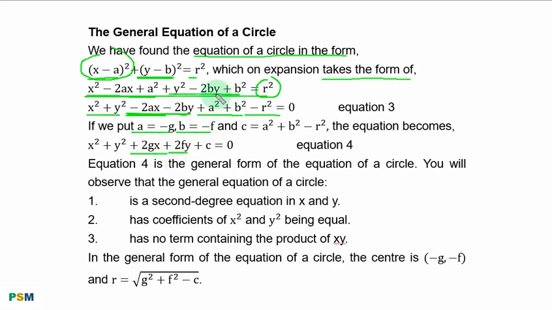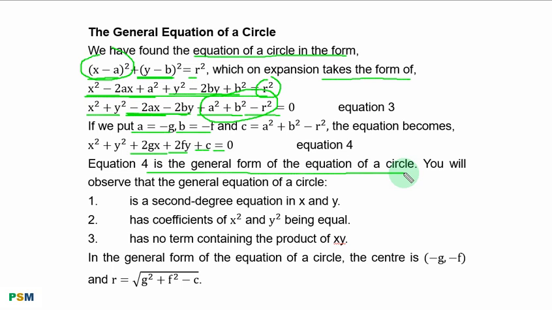You replace this term with c, that is plus c equal to 0. That is equation 4. Equation 4 is the general form of the equation of a circle.